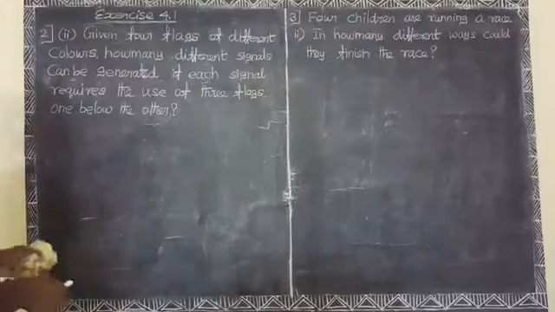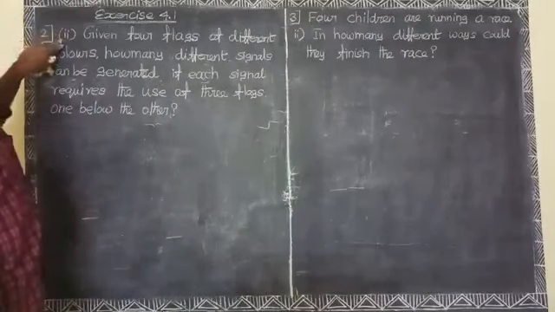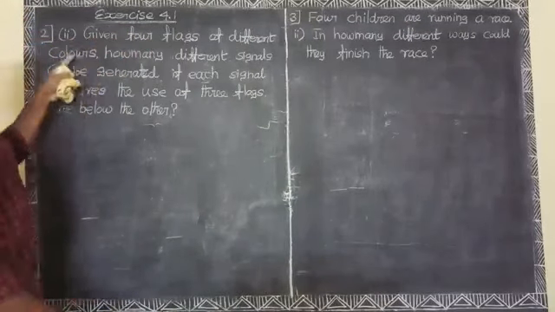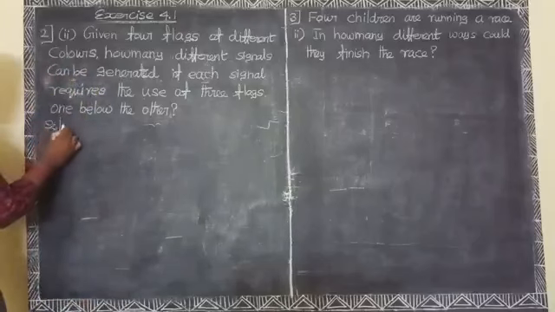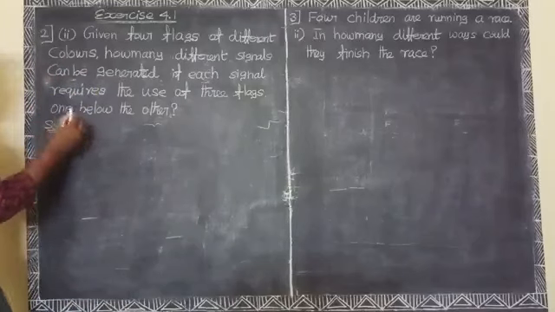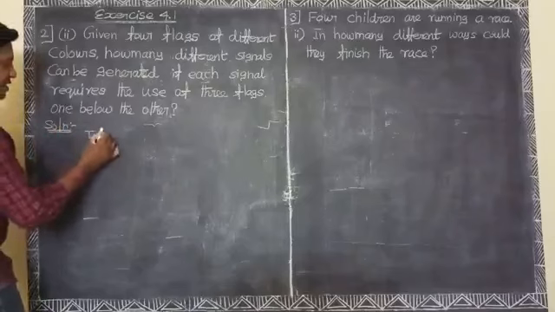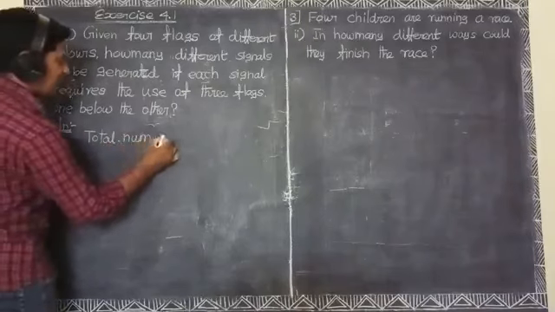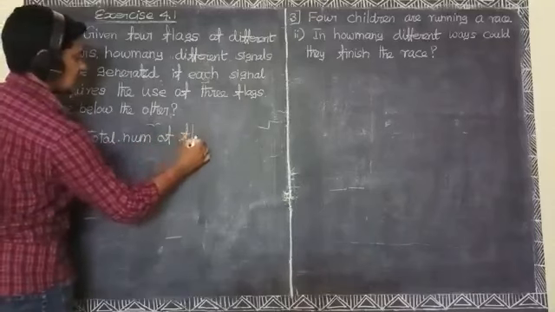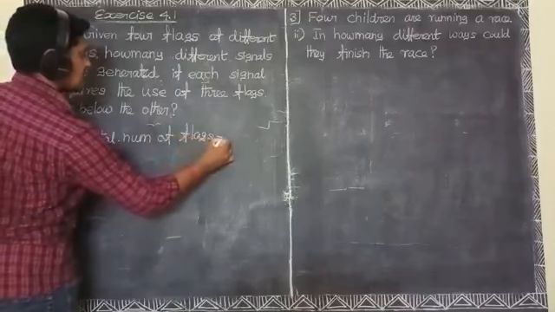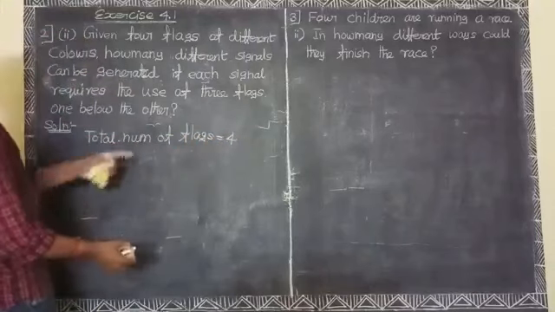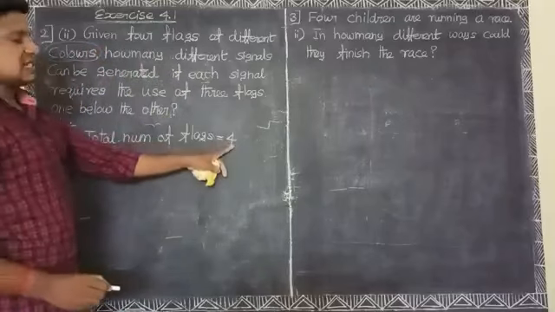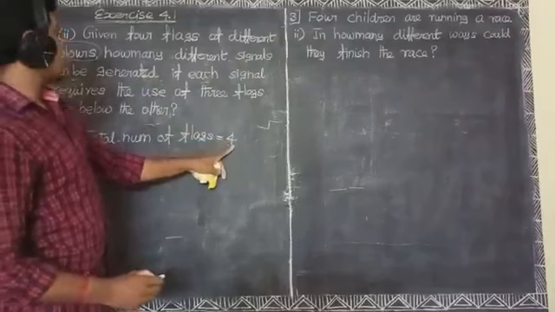Next, question number 2, subdivision 2: given 4 flags of different colors. Solution: the total number of flags is equal to 4, of different colors.